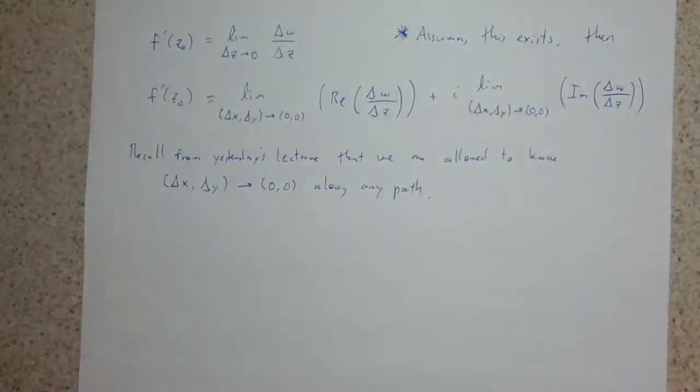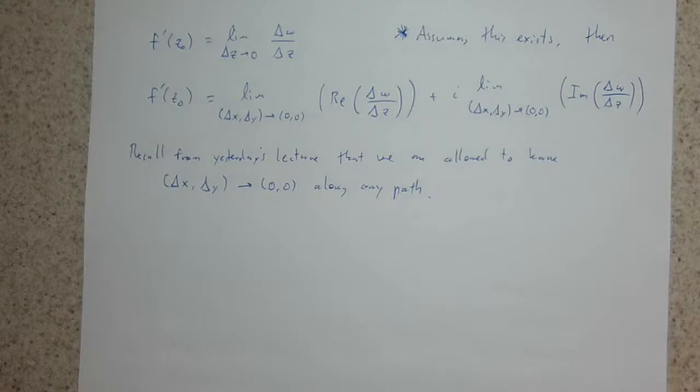Another way of saying this is that if we're going to be able to compute some limit, we would have to be able to do it along any path, so that if I get something out of one way of approaching it, another way has to yield the exact same limit. And if it doesn't, then there's a problem.